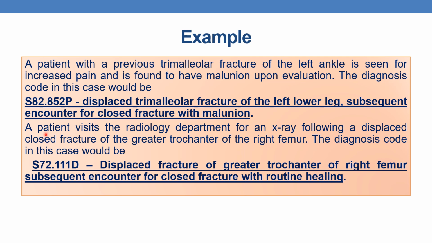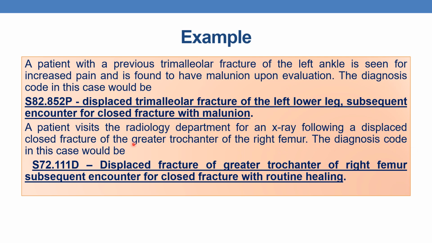Now let us discuss one more example. A patient visits the radiology department for an X-ray following a displaced closed fracture. Here the physician documents the type, displaced and closed fracture of the greater trochanter of right femur.